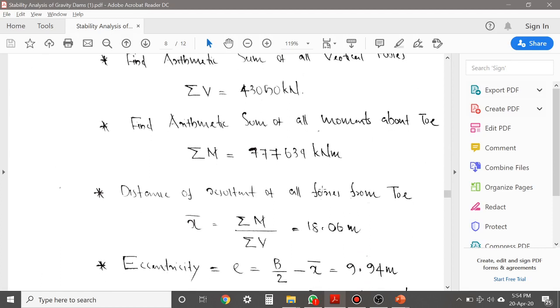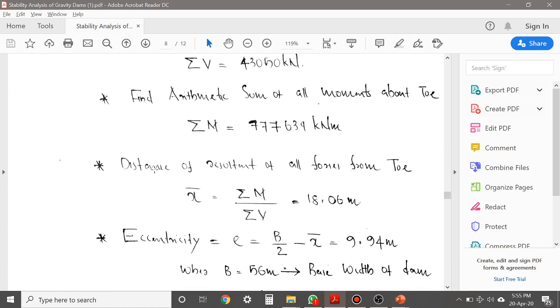Next step is the calculation of the distance of the resultant of all the forces from toe. Resultant of all the forces means in the table you have force number 1, 2, 3 and 4.